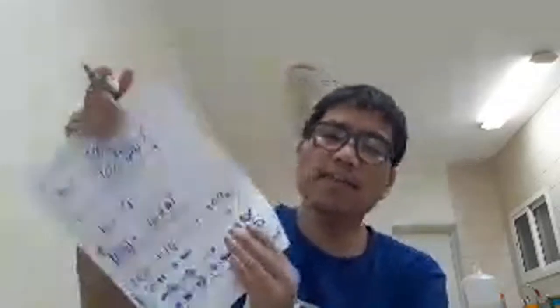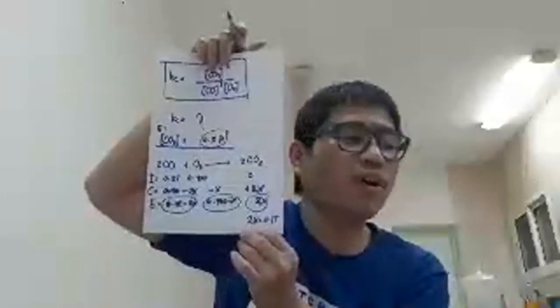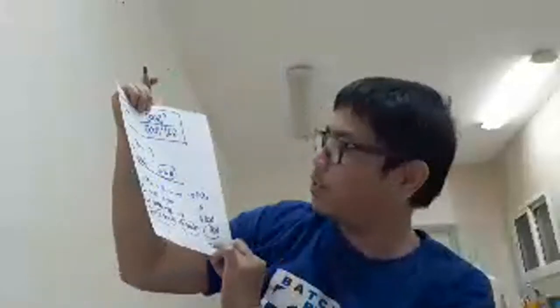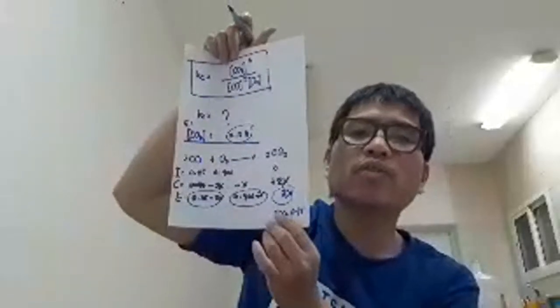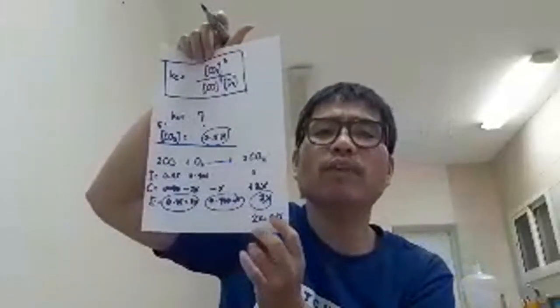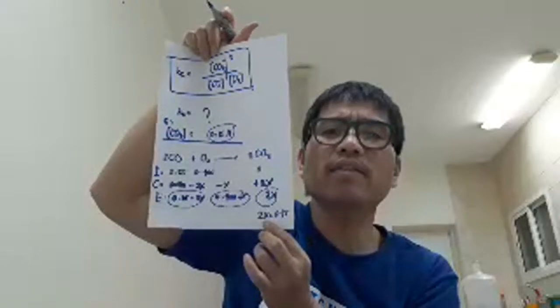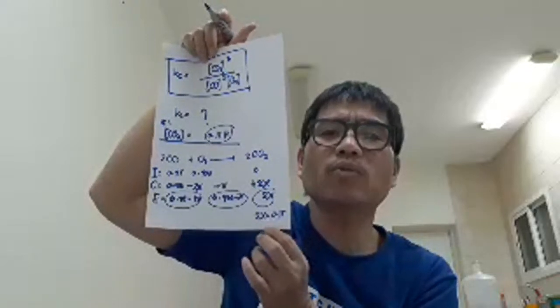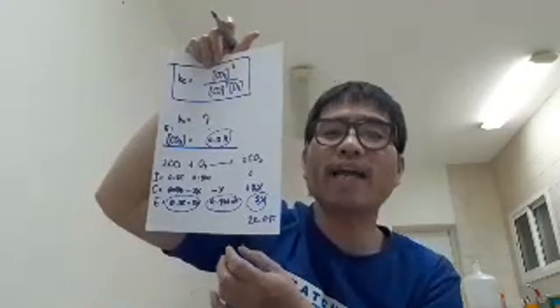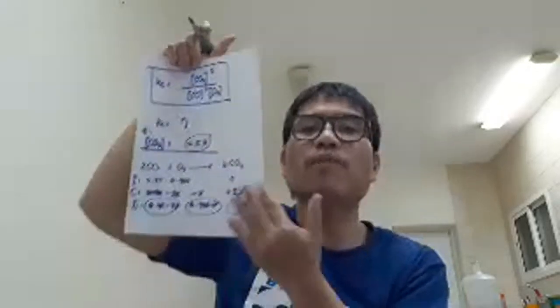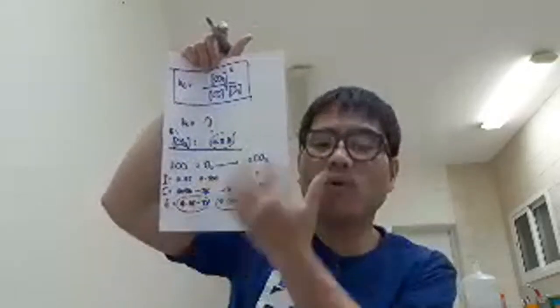So, 2x is equal to 0.15. See? Our equilibrium concentration of CO2 is 2x. So 2x is equal to 0.15, x is equal to 0.15 divided by 2. So we have now x as our molar concentration.